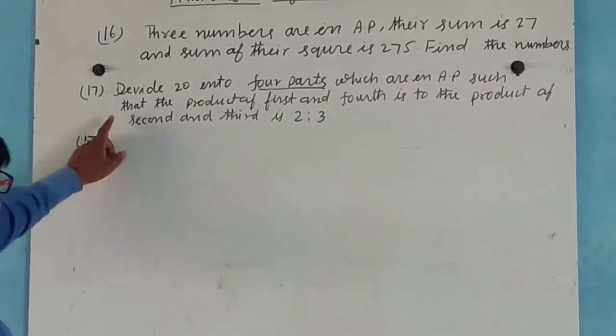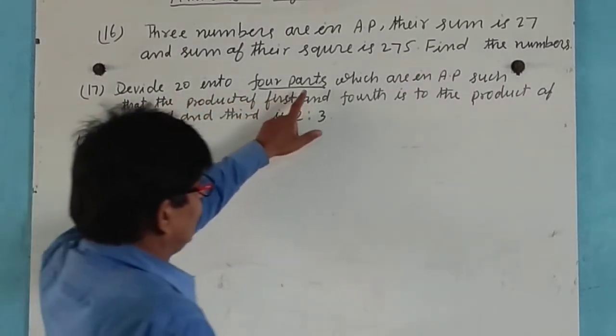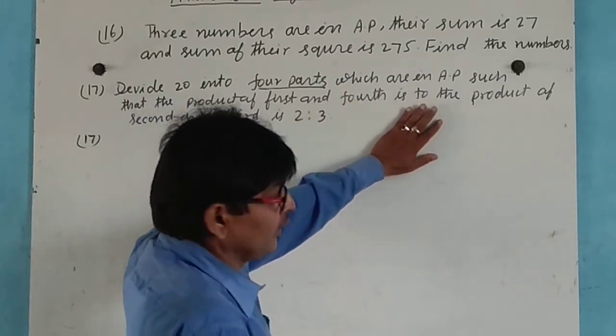Now question number 17: divide 20 into 4 parts which are in AP.